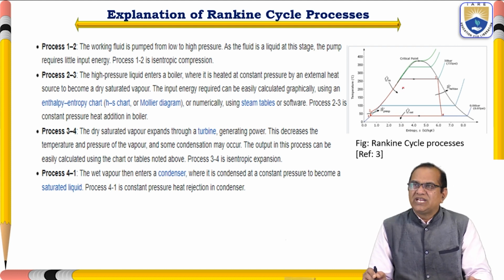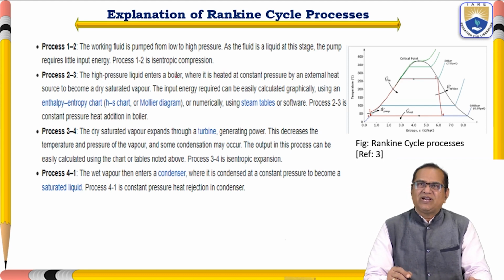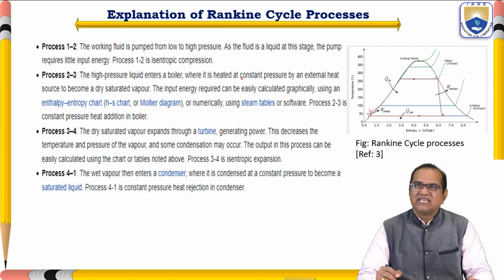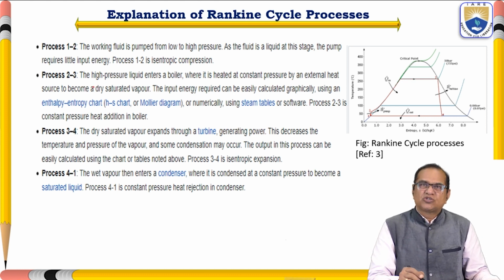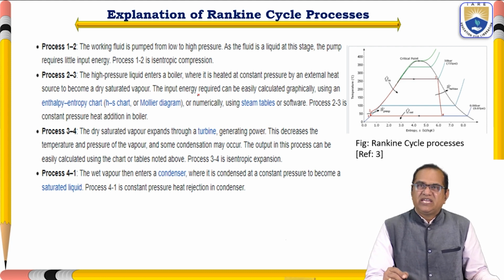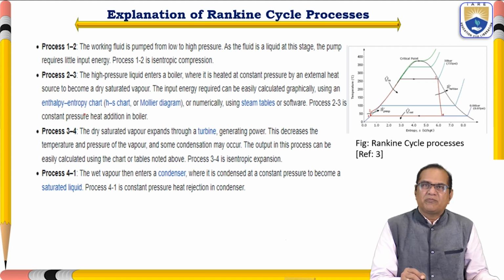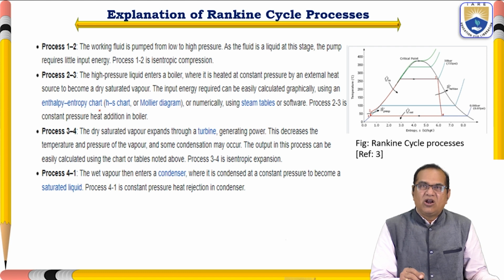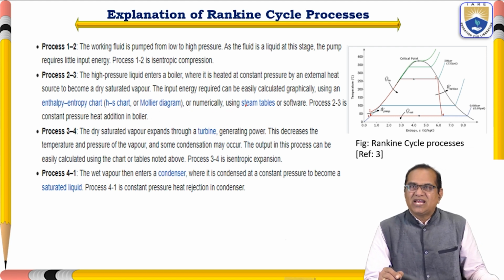Now 2 to 3. In 2 to 3, the high pressure liquid enters a boiler where it is heated at constant pressure by an external heat source to become a dry saturated vapor. The input energy required can easily be calculated graphically using an entropy chart or enthalpy-entropy chart, or by the Mollier diagram, or numerically using the steam table or software.